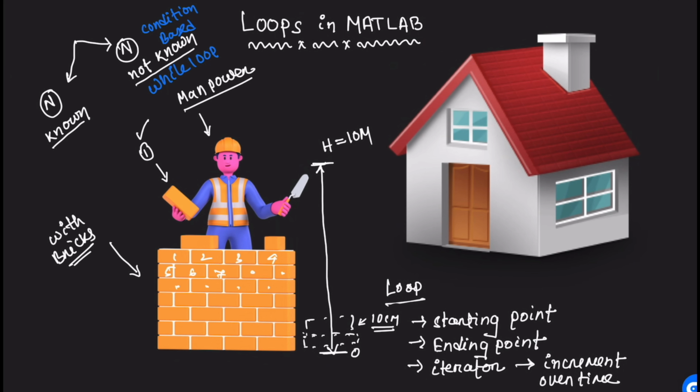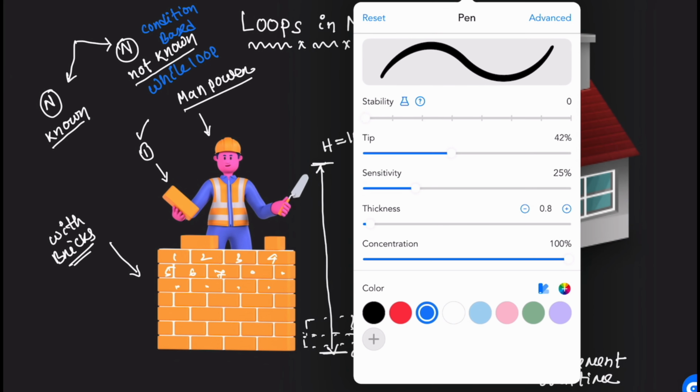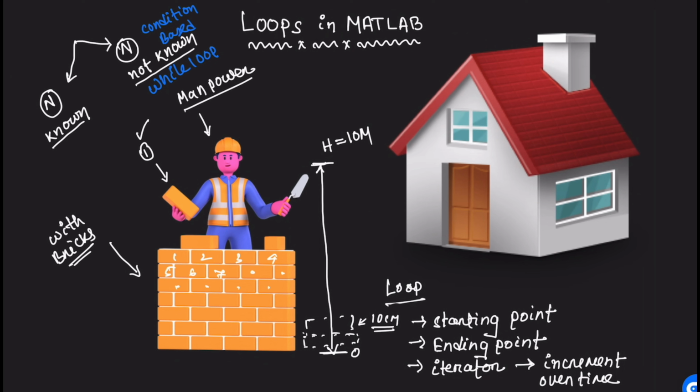And you will also have one more type of loop, which is basically a known iteration, like how much you want your iterator to get. Here in this case, you know the height, but you do not know the number of bricks needed to reach this height. So this could be a while condition.